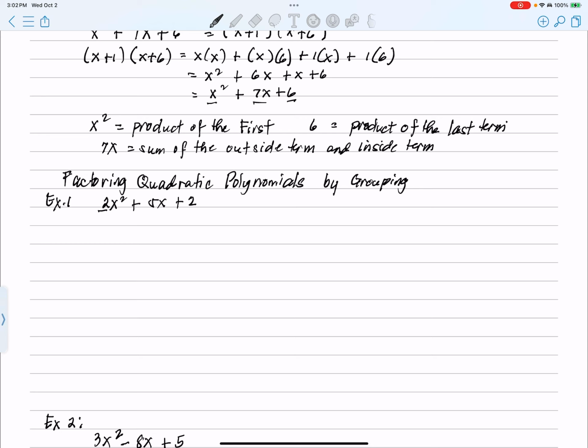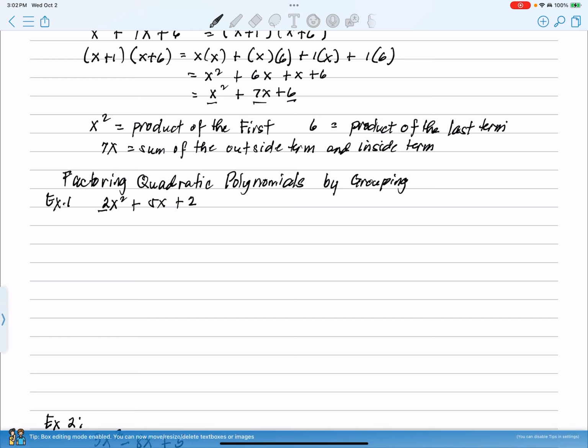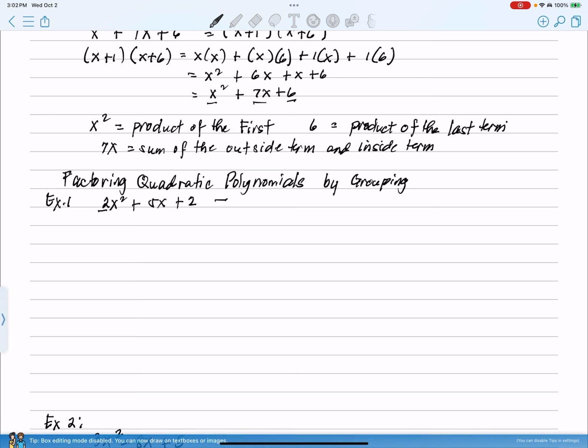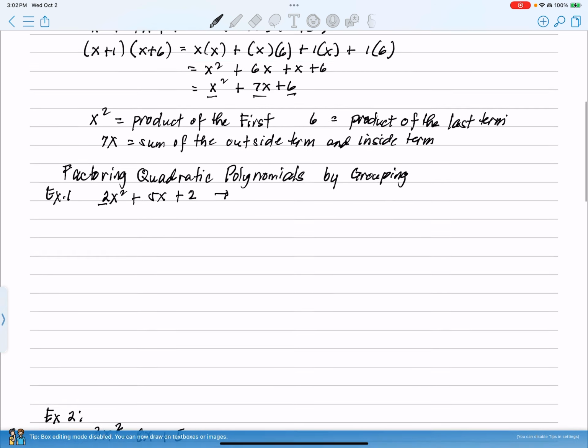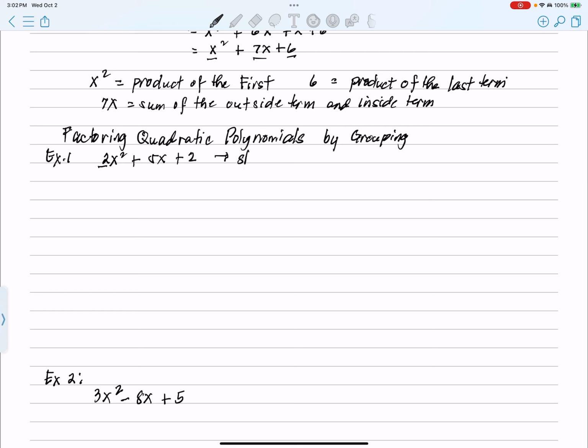Okay. First of all, be sure that you write the expression in standard form. So what is standard form again? The standard form is ax squared plus bx plus c, where a is the coefficient of the x squared term, b is the coefficient of the x term, and c is the constant.